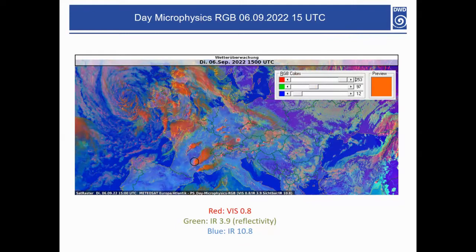And the blue channel correlates with temperature, where a very small response means that we got a very low temperature. From all of this, we can deduce that this is a very optically thick high cloud with small ice particles. And the small ice particles are a sign that we have lots of strong convection going on there.